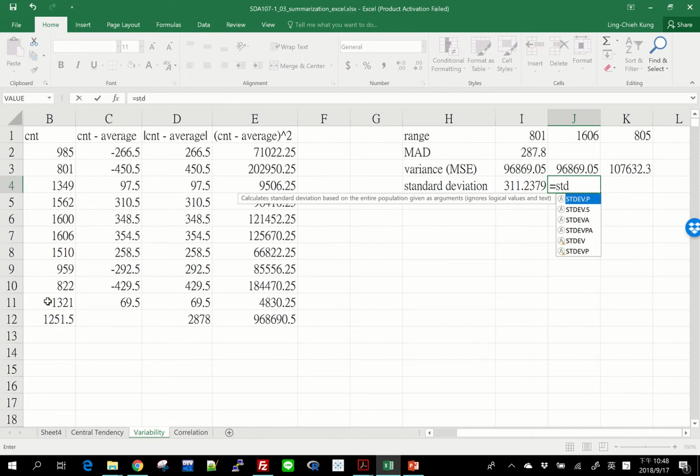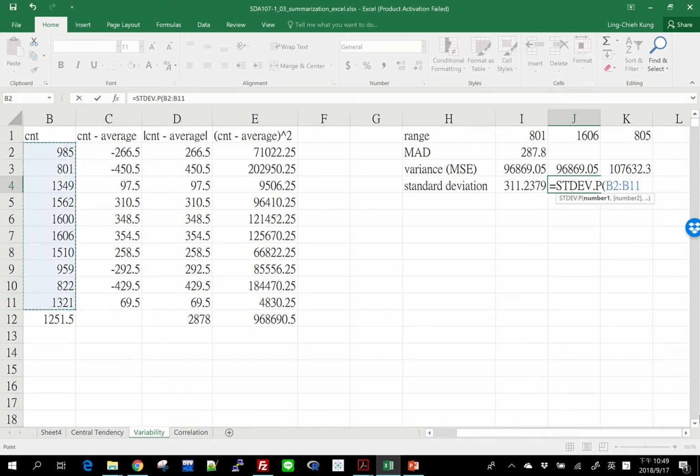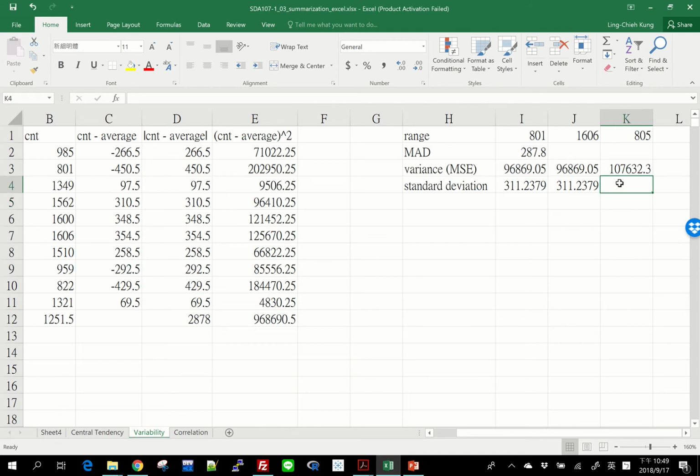And standard deviation is a very important thing, so it's not surprising that we have this function, stdev.p, standard deviation for population. And here you select those 10 values you are talking about. Well, 311. Exactly the number that you get if you do it step by step.